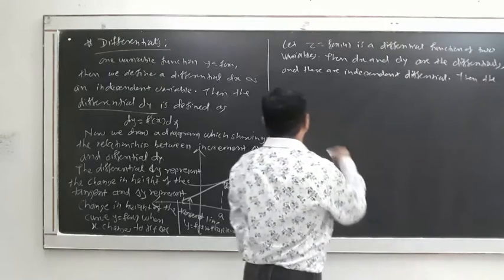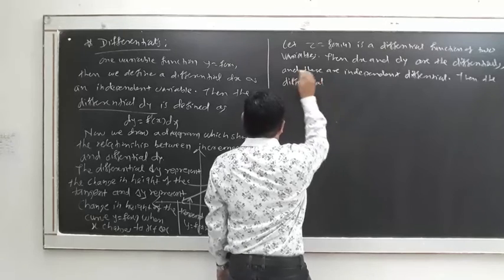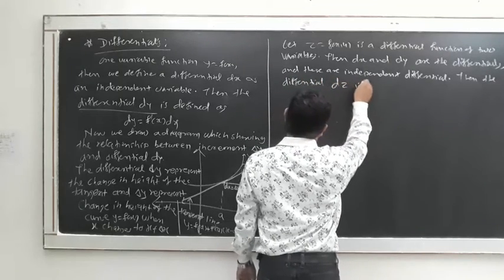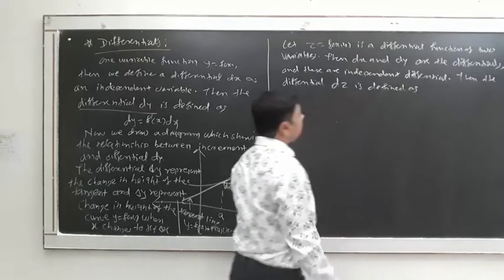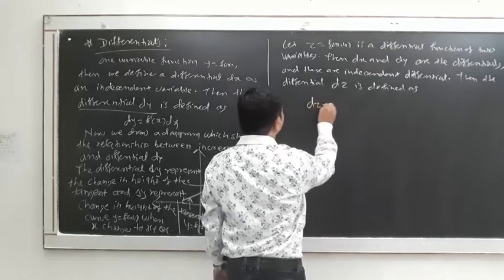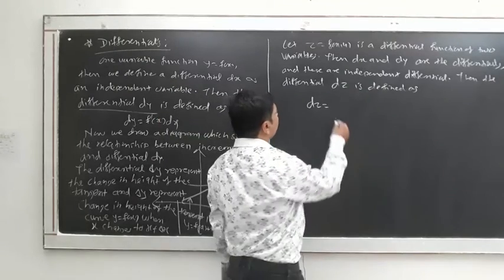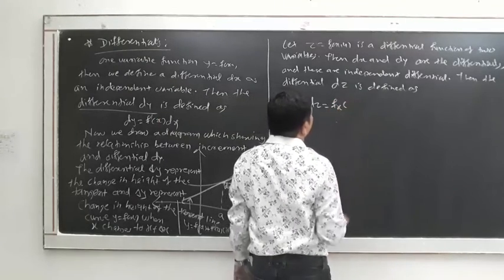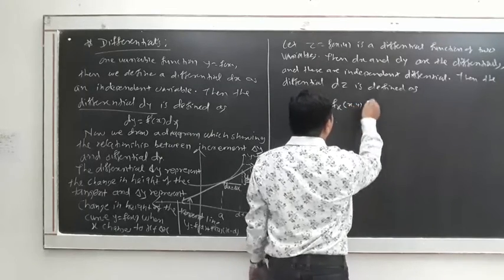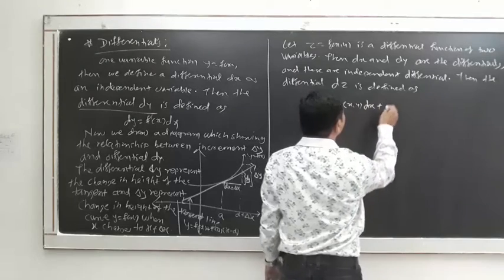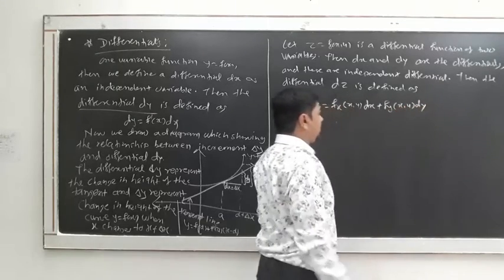The differential dz is defined as dz is equal to fx at x y dx plus fy at x y dy.